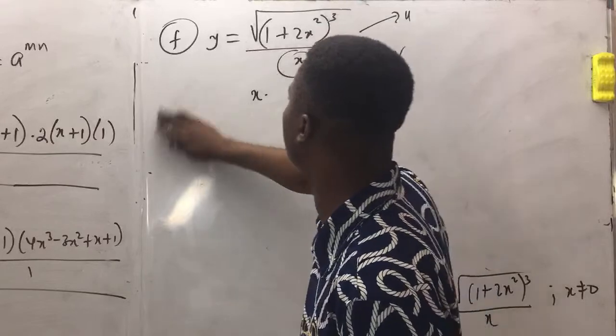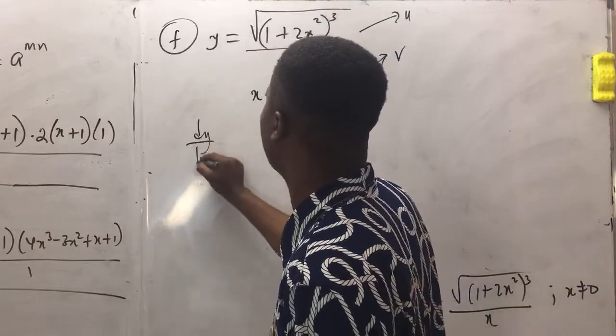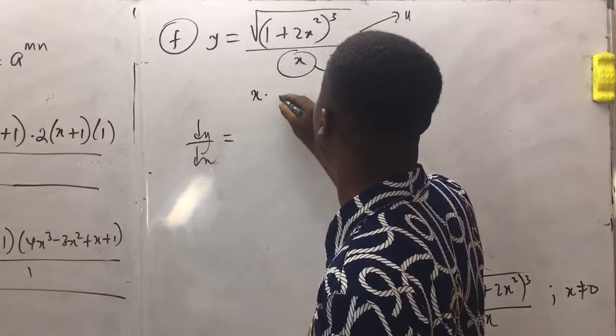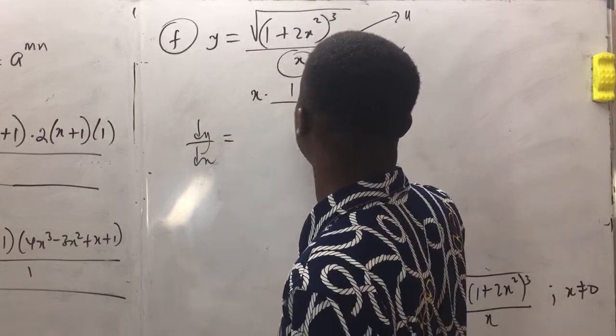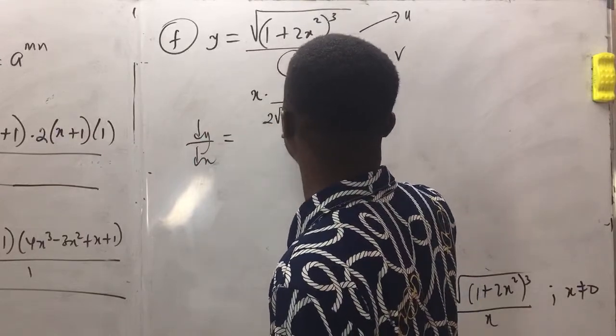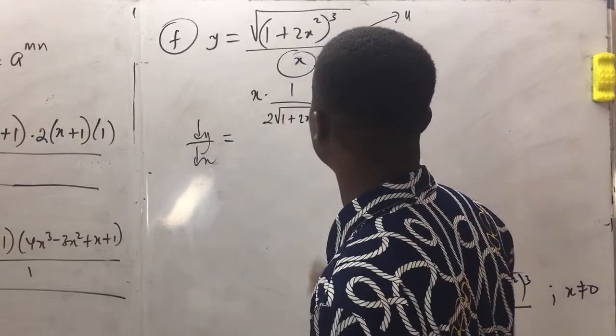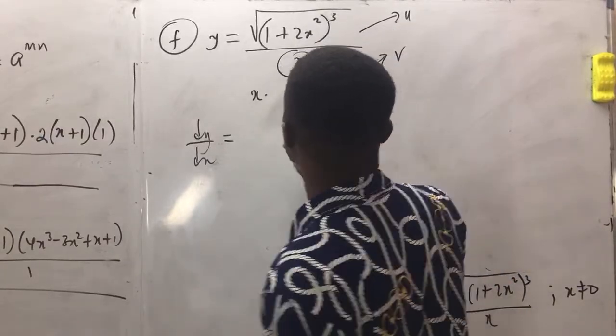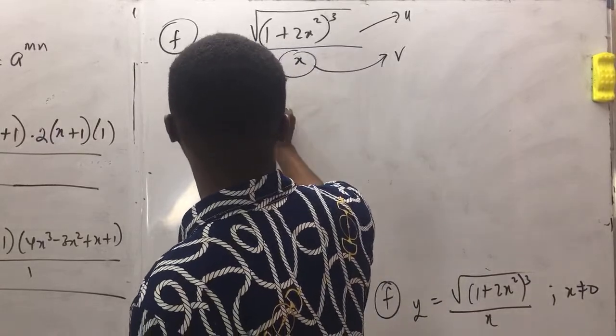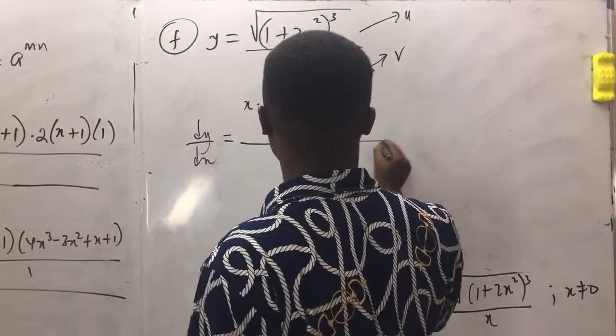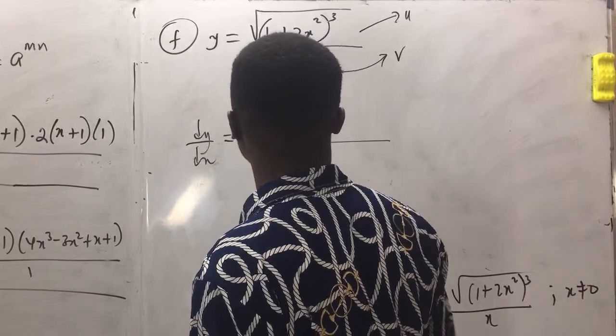If you differentiate u, you are going to have 1 over 2 square root of 1 plus 2x squared. Okay? So keeping v constant, I'm going to put v squared here, which is x squared.